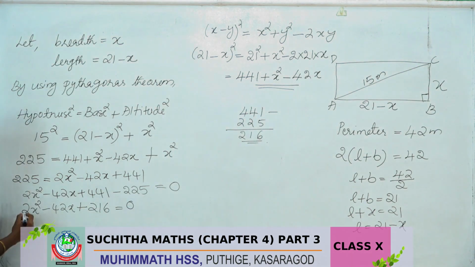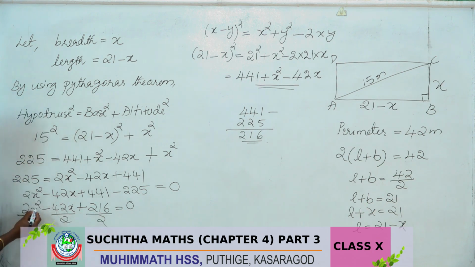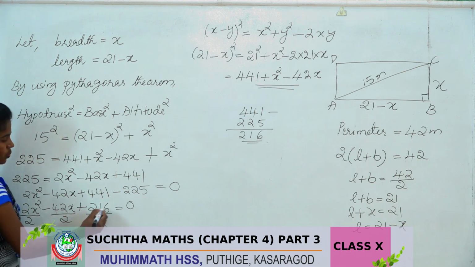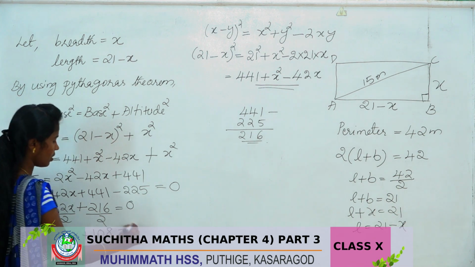Now here the coefficient of x square is 2, so divide all the terms by 2. That is 2x square by 2 is x square, minus 42x by 2 is 21x, plus 216 by 2, 108, equal to 0.